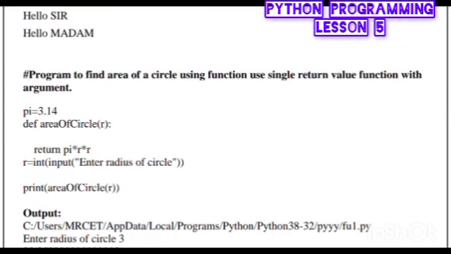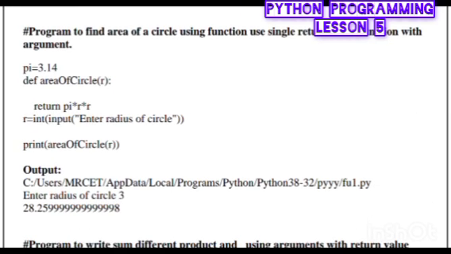Next program: find the area of the circle using a function, using a single return value function with argument. Program to find the area of the circle using the function using a single return value function with argument.